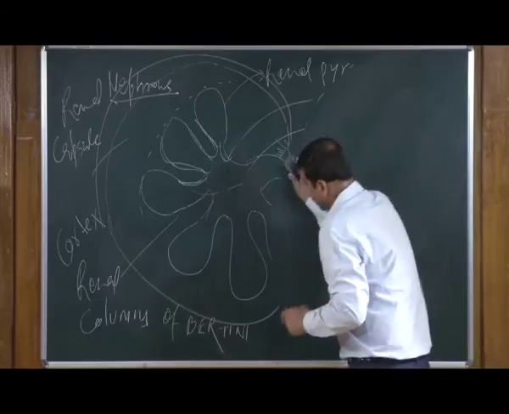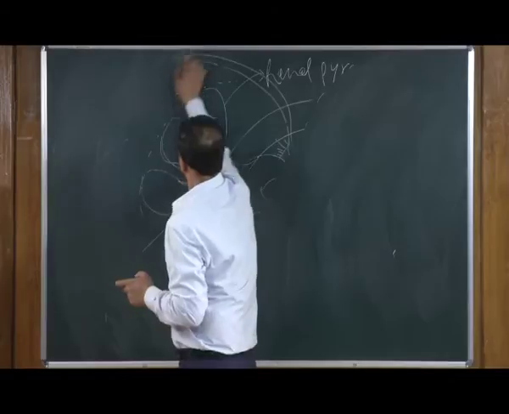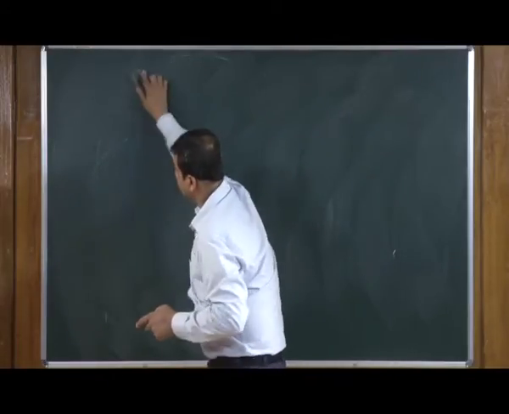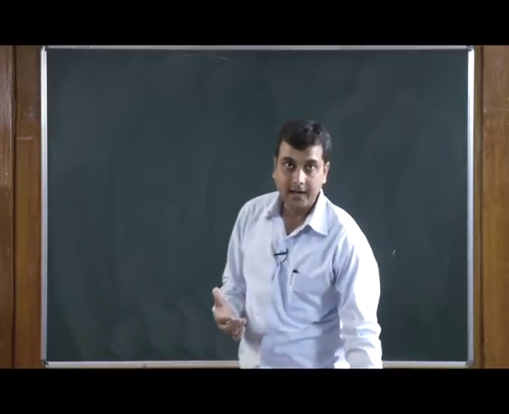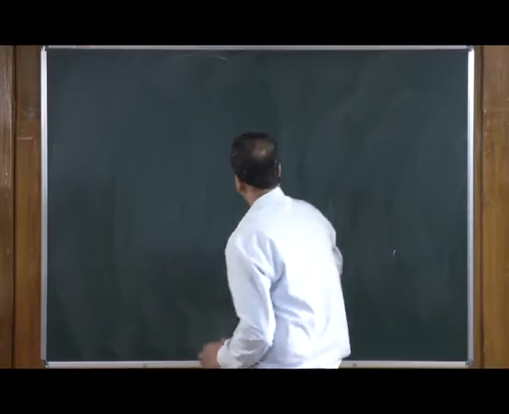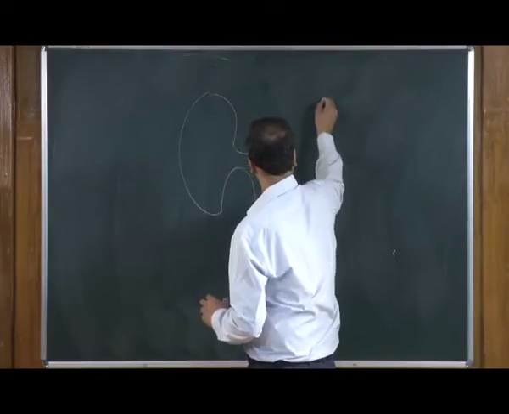Let us see the nephrons, but before going to nephrons, we will discuss a very important structure associated with the kidney, and since it is associated with the kidney, it came into my mind that we should discuss it here.